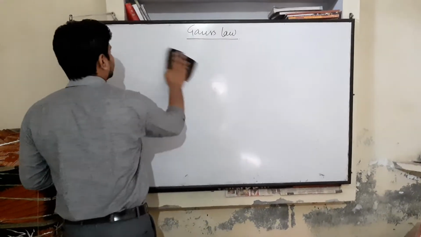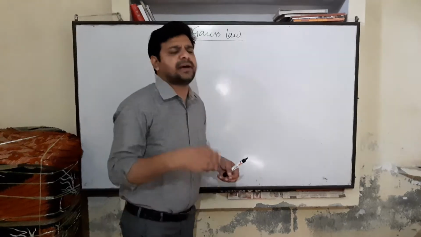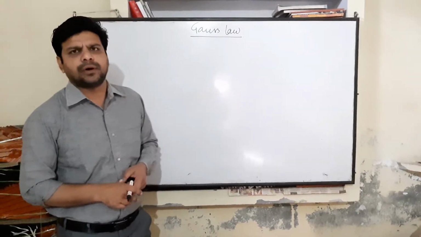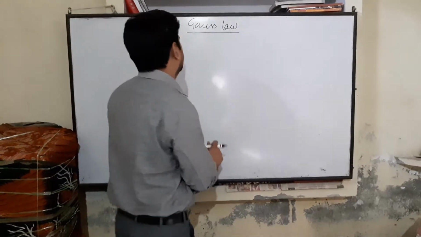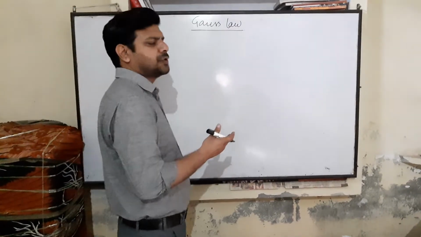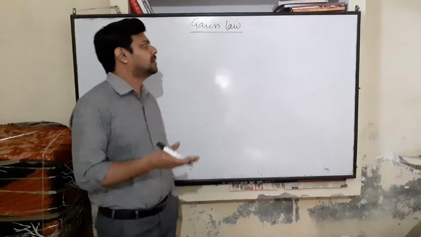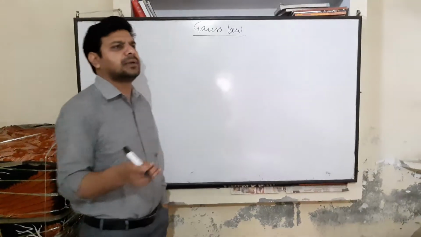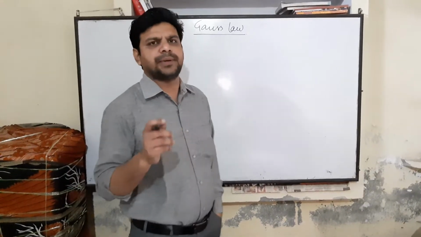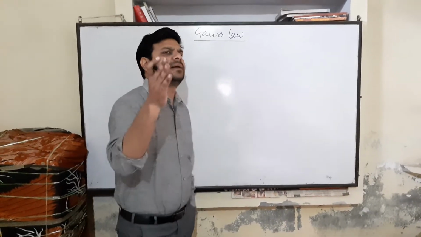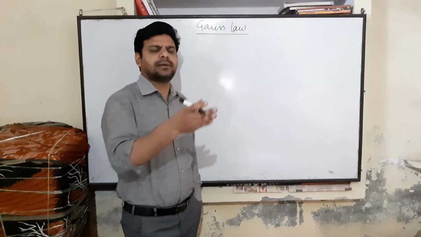The Gaussian surface may have any shape or size. But in this class, we will study only symmetrical Gaussian surfaces, such as a sphere or cylinder.